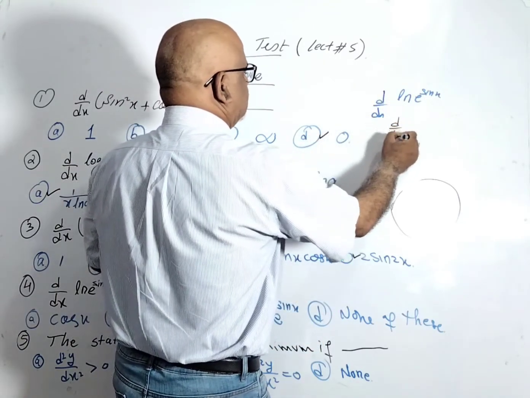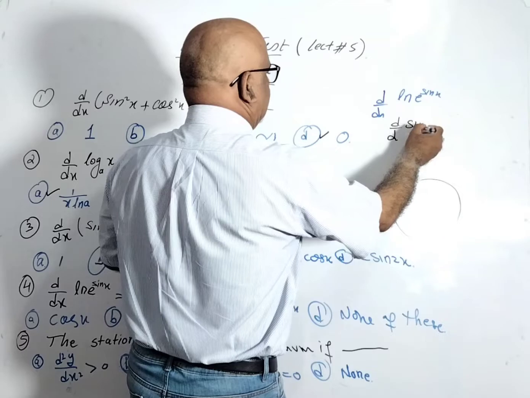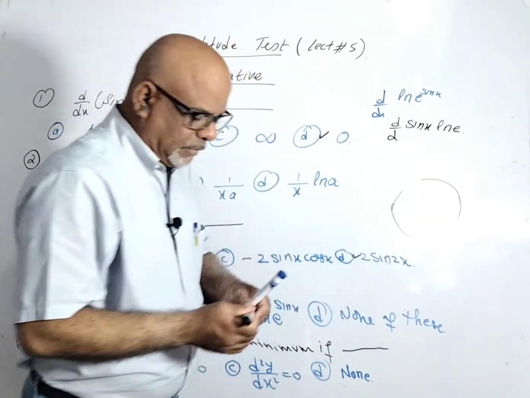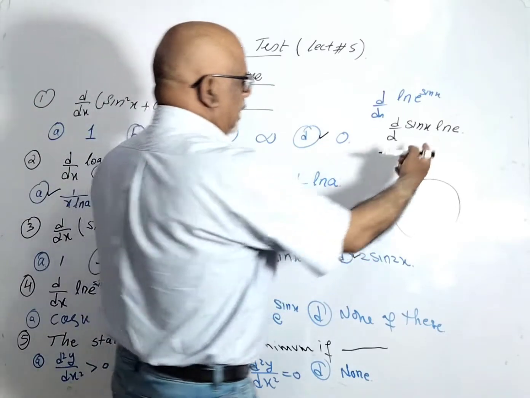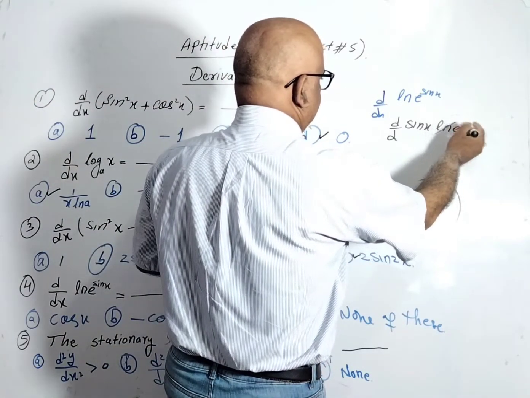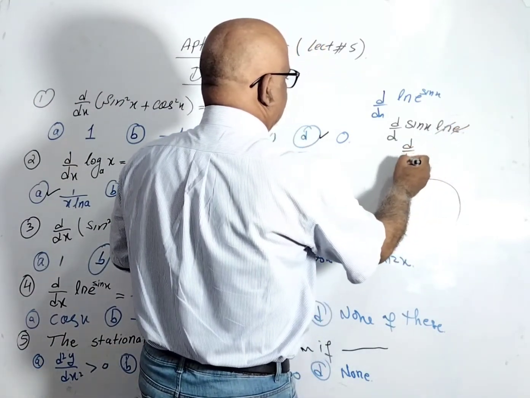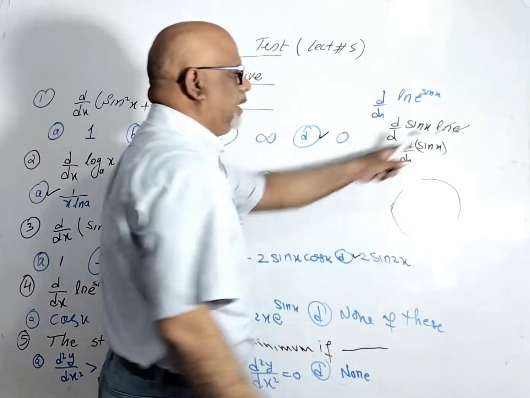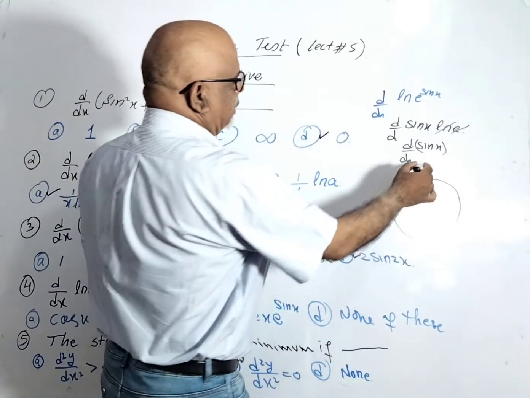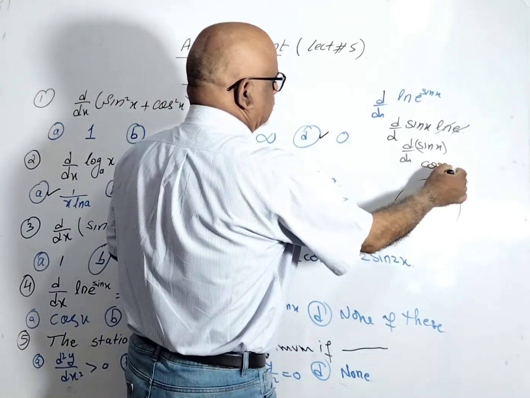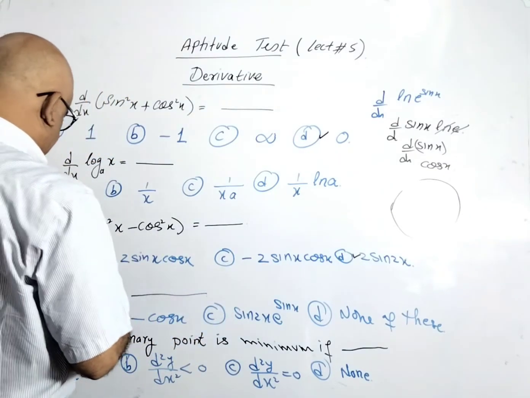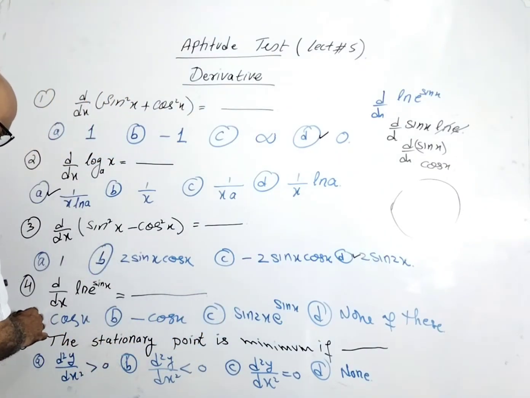So this is sin x times ln e. The ln e is equal to 1. They will cancel out, or directly we can put it equal to 1 here. So the derivative of sin x is cos x. So the correct option is A for the fourth MCQ.